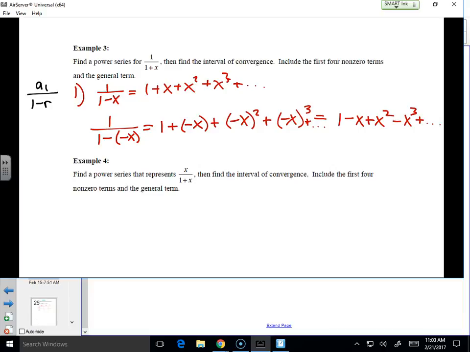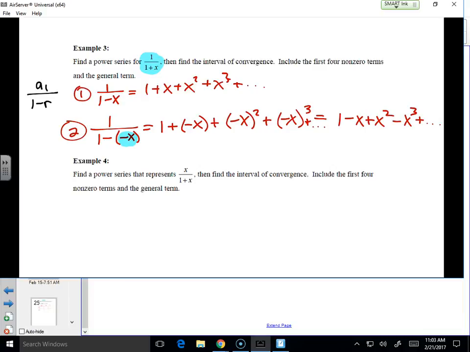Now, what did I do in step 2? Step 1, I started with who I know. In step 2, what did I do? I said, wait, I need it to be this instead, so who did I plug in instead of x? Negative x. Because minus a negative x is plus x, right? This entire section is lots of baby puzzles, and it's going to get exciting trying to solve them.